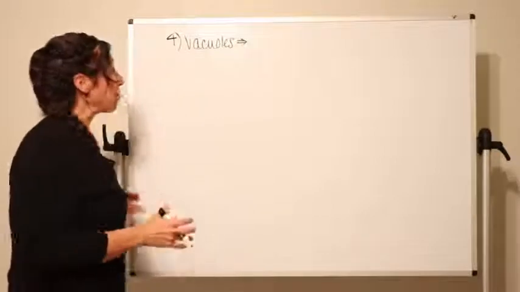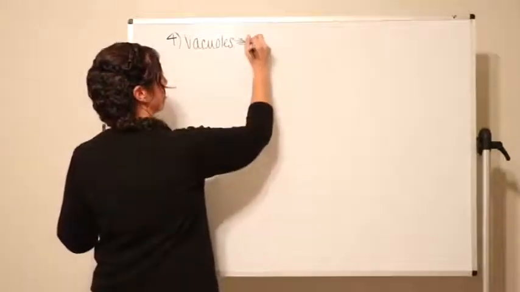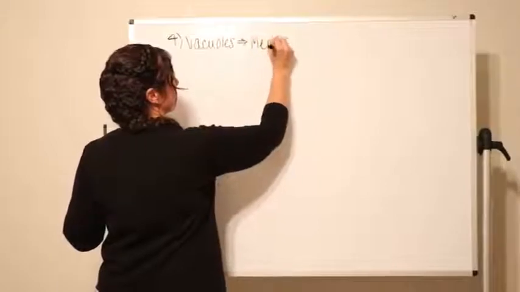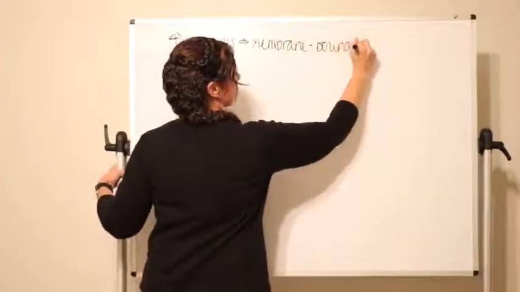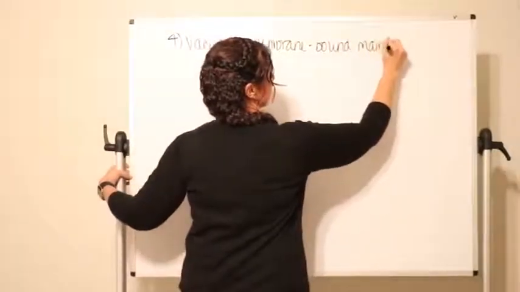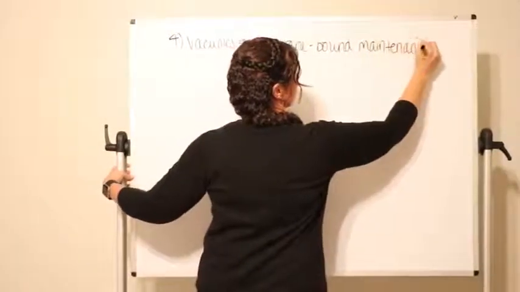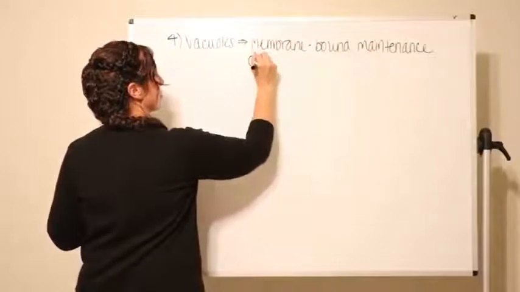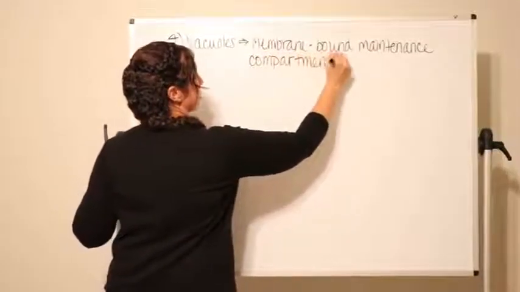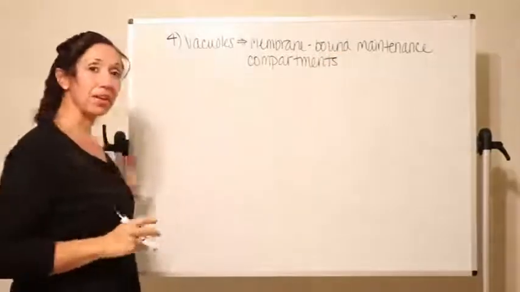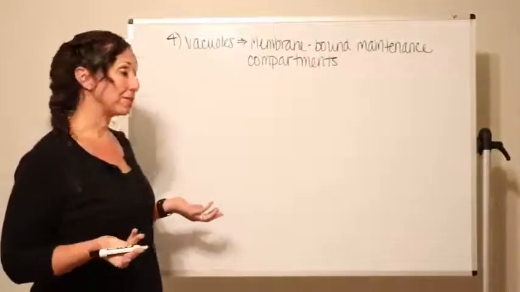So these are membrane-bound maintenance compartments. Now there's 3 different types of vacuoles depending on what kind of species you are.